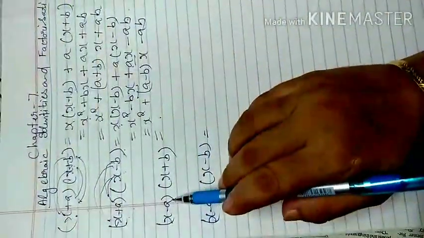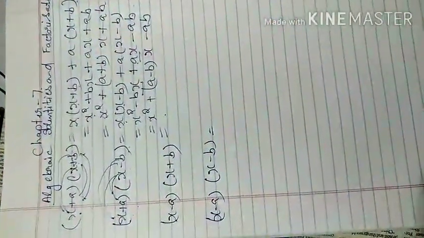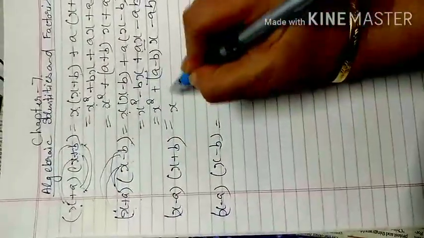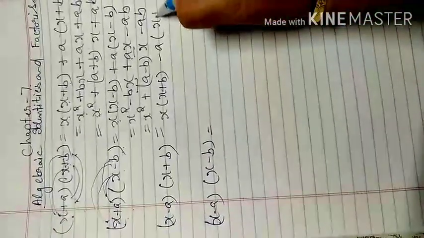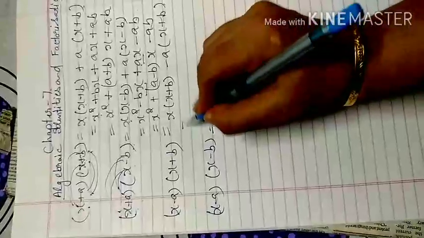Similarly, if I go with x minus a and x plus b, first x is multiplied by x plus b, then minus a is multiplied by x plus b, which gives ab.